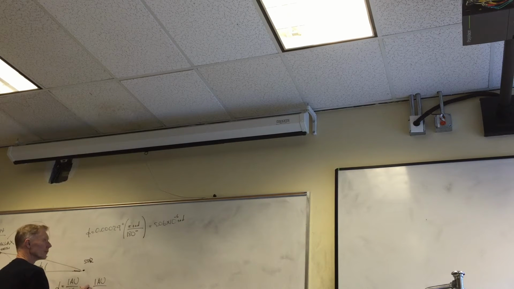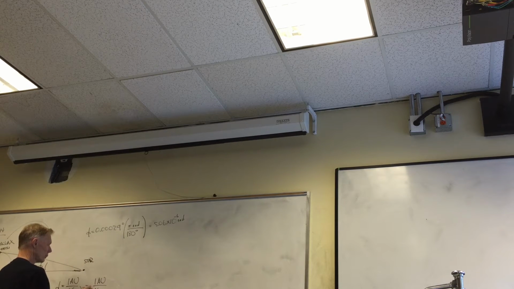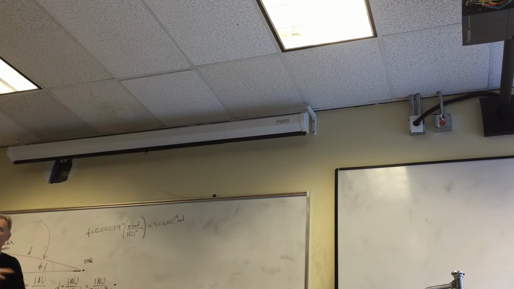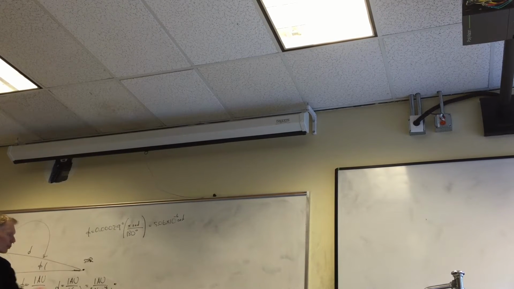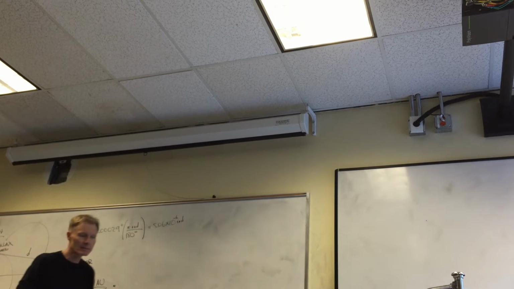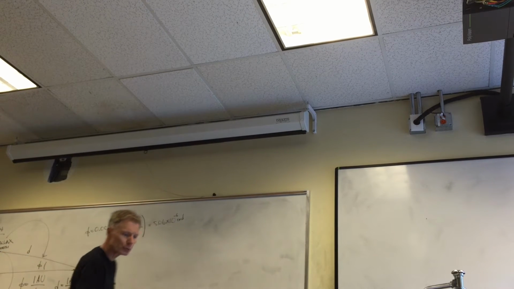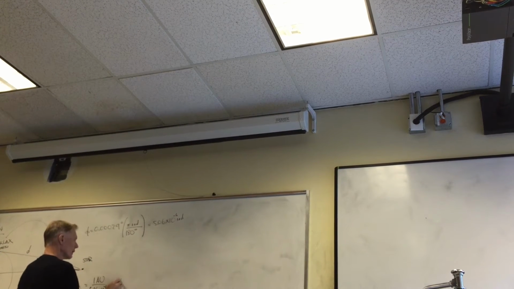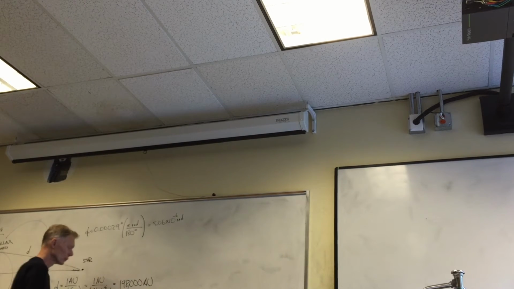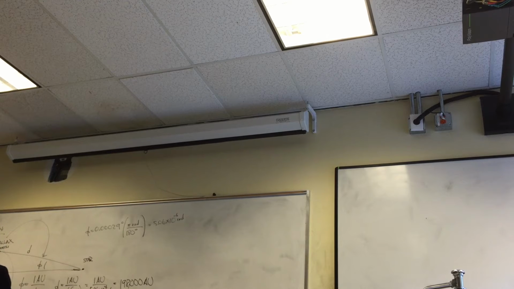So let me write that in. 5.06 times 10 to the minus 6 radians. And remember, radians don't have any units to them. So the radians just drop out. And I'm going to be left with a distance in terms of AU. And I got an answer of 198,000 AU.